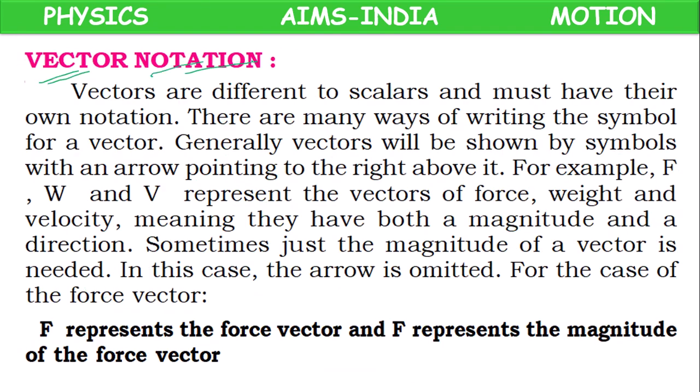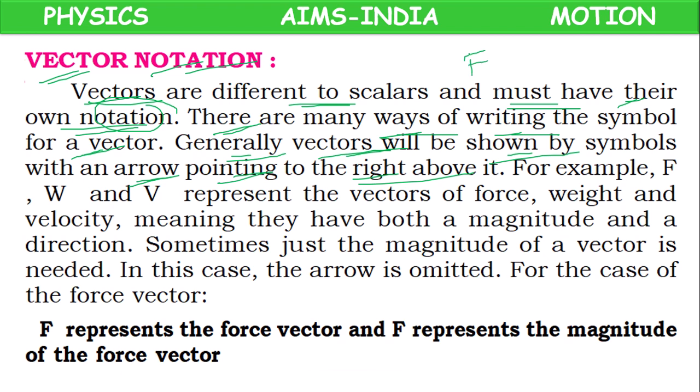Now, vector notation. Vectors are different from scalars, and they have their own notation, their own symbolic form. While representing a vector, we follow a separate notation. There are many ways of writing the symbol of a vector. Generally, vectors are shown by symbols with an arrow pointing to the right above them.